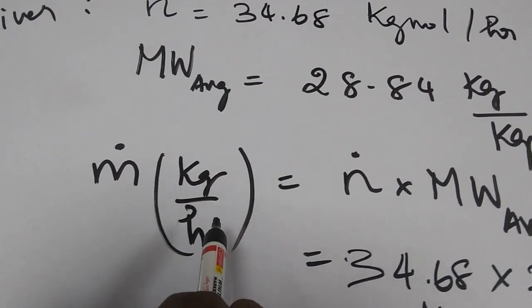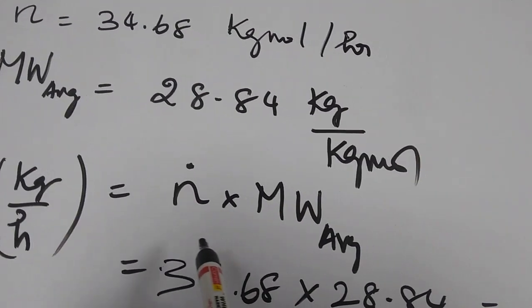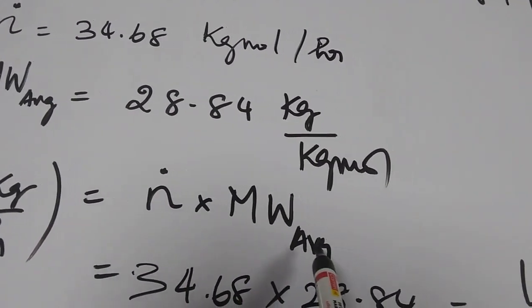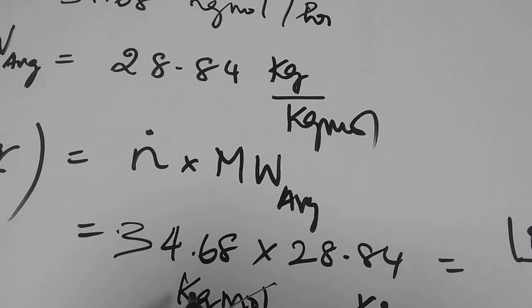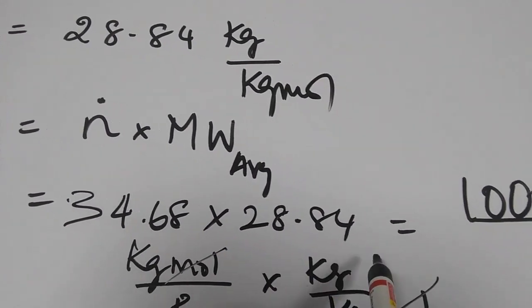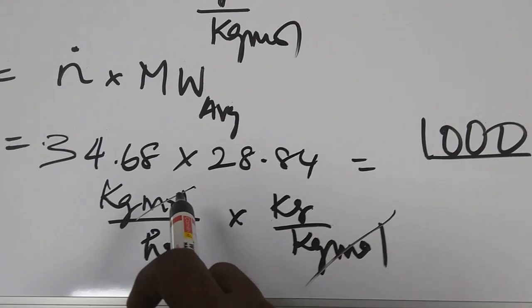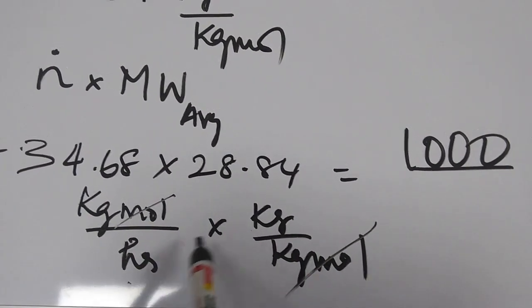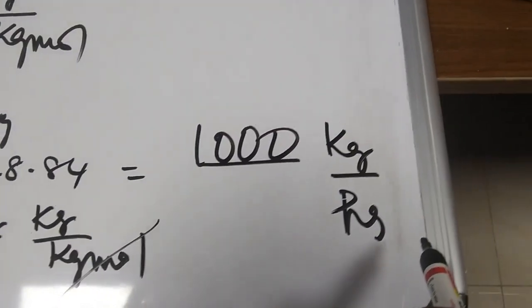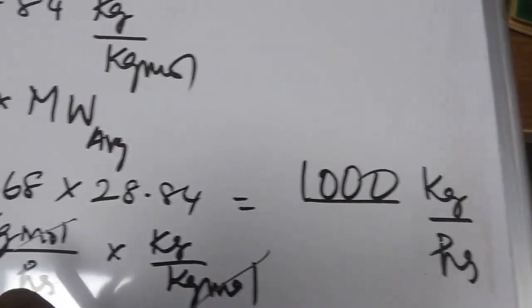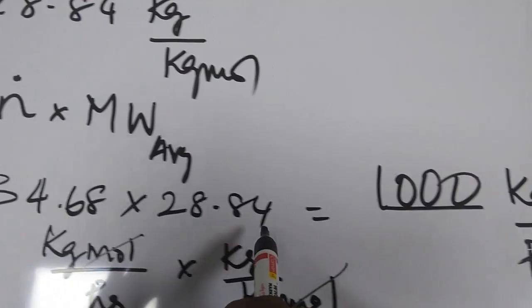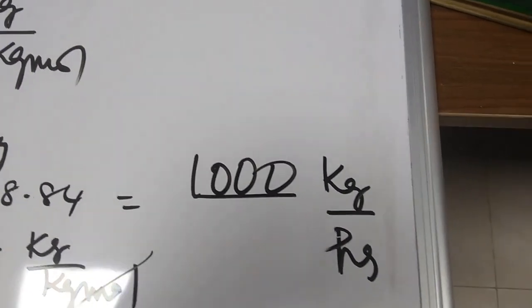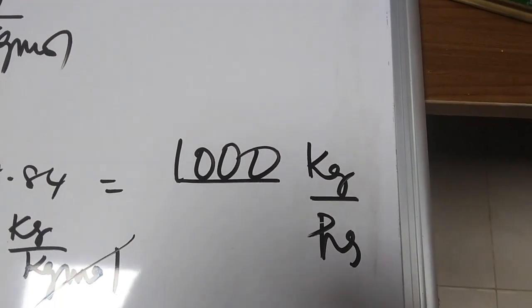The mass flow rate in kg per hour is molar flow rate into average molecular weight, 34.68 into 28.84. The units tally: kg moles per hour, kg per kg mole. Kg mole gets cancelled, so we get the answer in kg per hour. Using a calculator, 34.68 into 28.84 is around 1000 kg per hour. Okay.